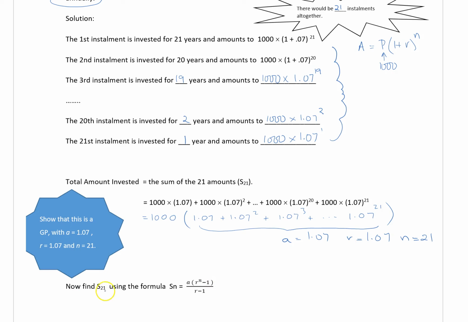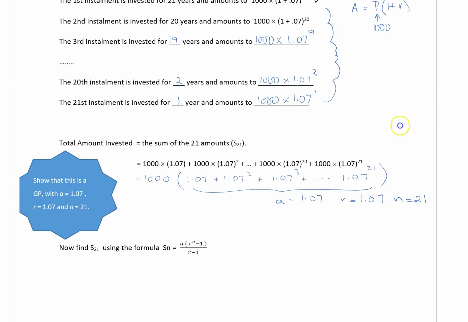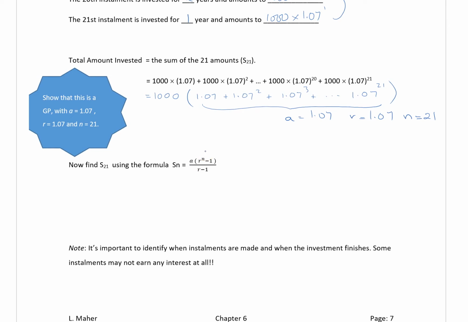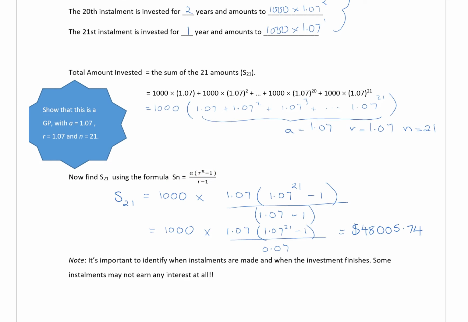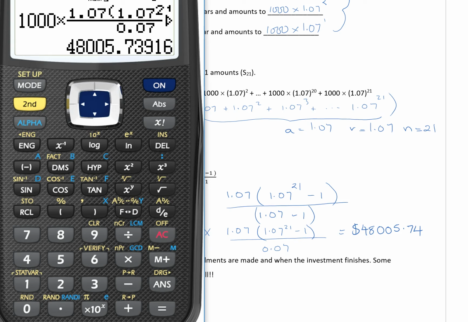So using the sum of 21 terms, because there are 21, and the formula for the sum of n terms is A times R to the n minus 1 over R minus 1, and check that back on page 1 if you've forgotten the sum of n terms of a GP. Let's write down what that sum is going to be. I've got 1,000, keep your 1,000, then sum your GP using this formula, A times R to the n minus 1 all over R minus 1, and just simplifying that, going to our calculator, and this is where this new calculator really helps.